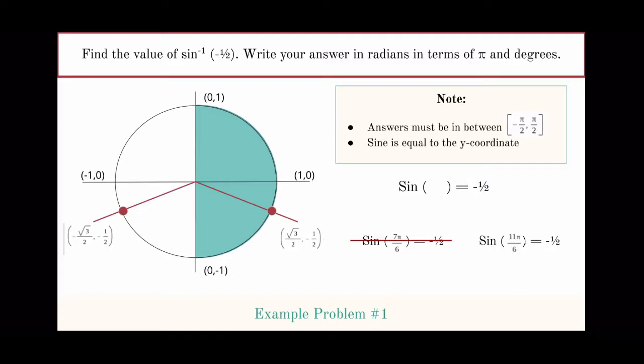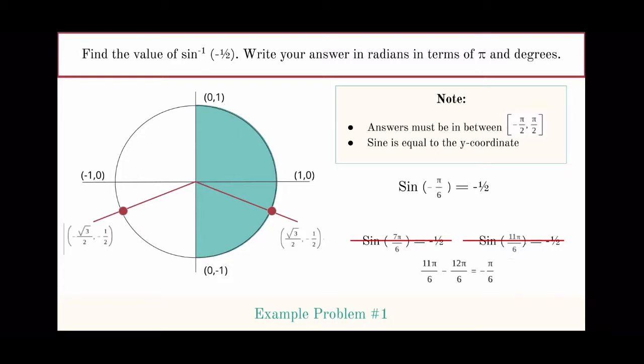Going back to coterminal angles, we would need to subtract 2 pi, like this, giving us negative pi over 6. Negative pi over 6 is the answer because it fits in between negative pi over 2 to pi over 2, and it also gives us the point of negative 1/2.